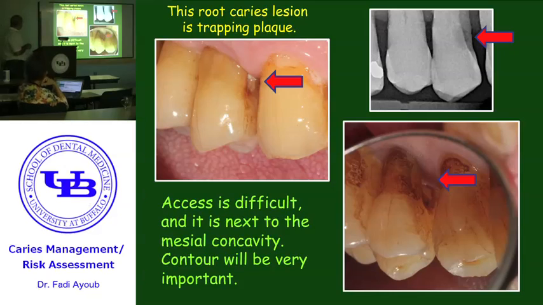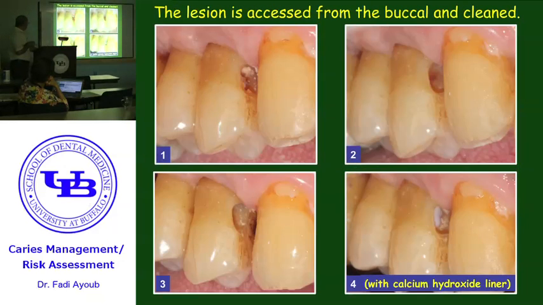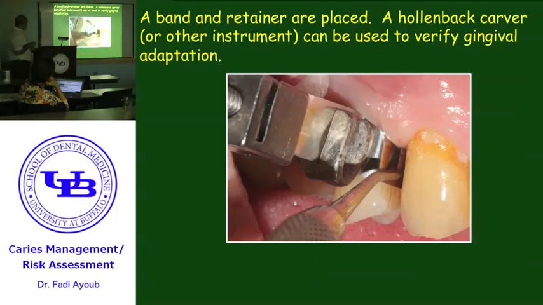So we have this root caries lesion that is trapping plaque, okay? Access is difficult because of the mesial concavity, and the contour is also important. So you go ahead and start to clean it. You put a calcium hydroxide liner in the deepest part. And then the matrixing, this is a Dr. Hart technique, okay?